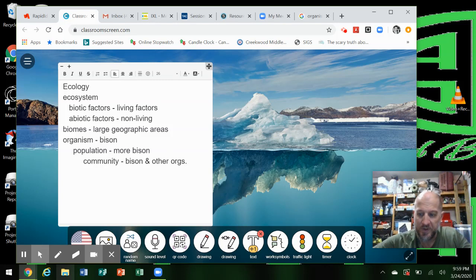You put them together, living and non-living, or let's use the correct terms, biotic and abiotic. So that would include your bison and all the other organisms and the water and sky and air and sunlight and all of those things. All right, so there we go.